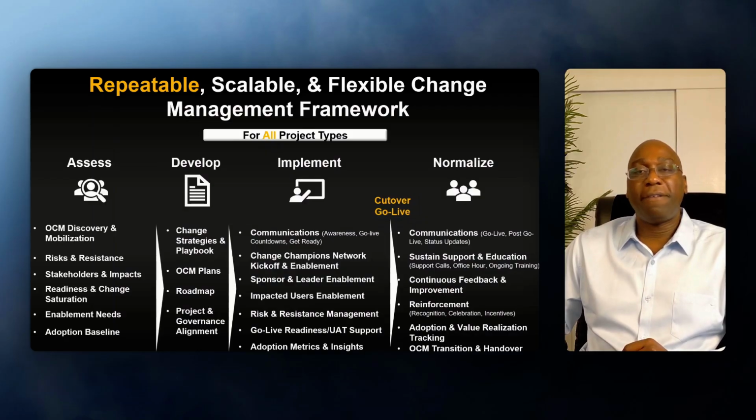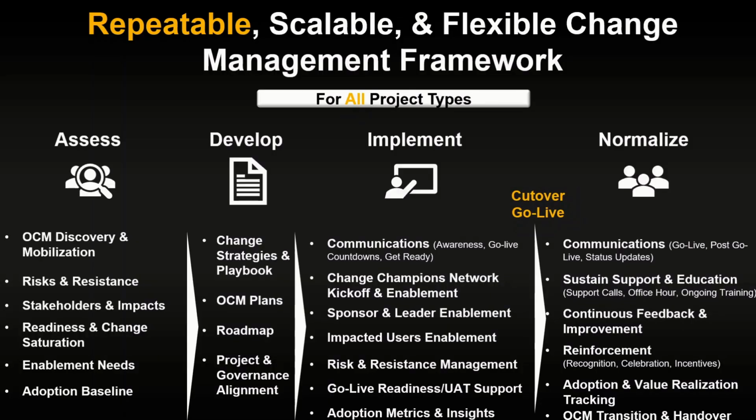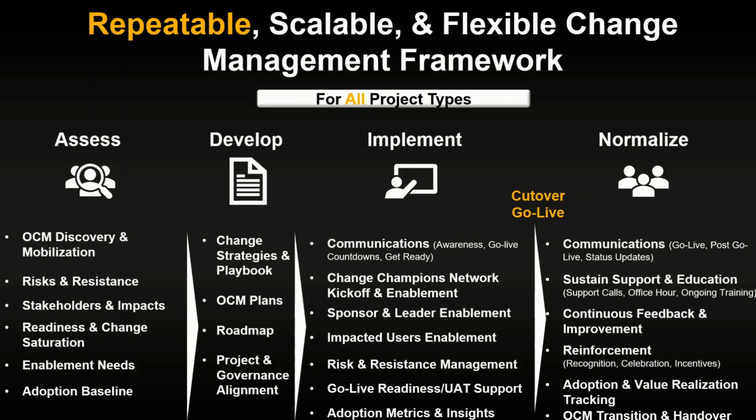During the normalized phase, you want to ensure you continue to provide communications that can include go live communications and updates. Why do you need to do this? It helps sustain momentum. Something else that helps to sustain momentum is providing ongoing training as needed.